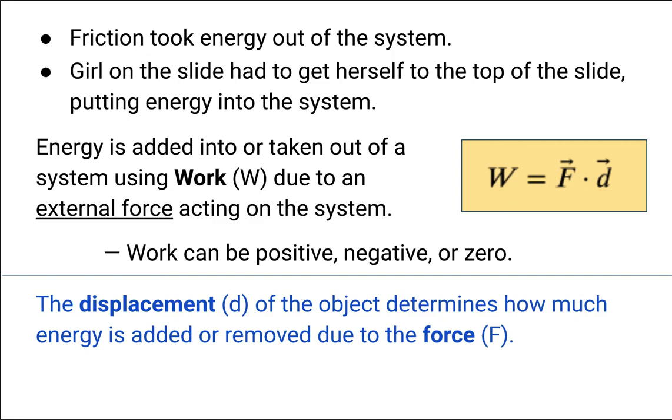Again, just to make sure we're clear on this formula, W stands for work. It's an amount of energy in joules that is the energy given to or taken away from the system.